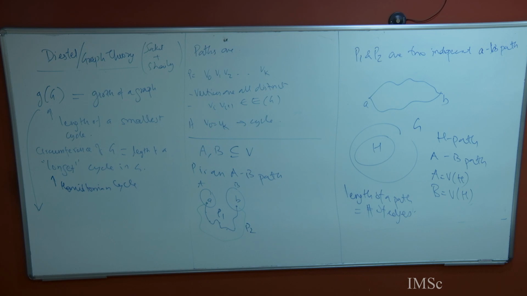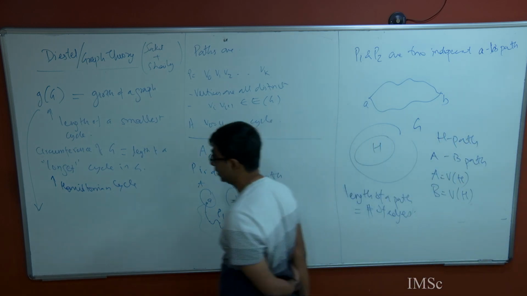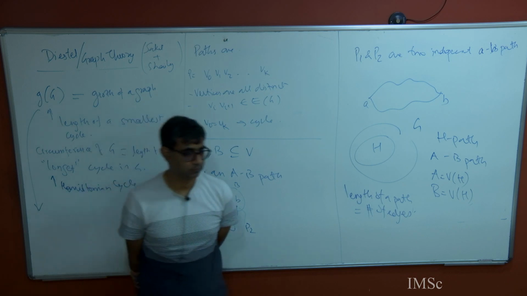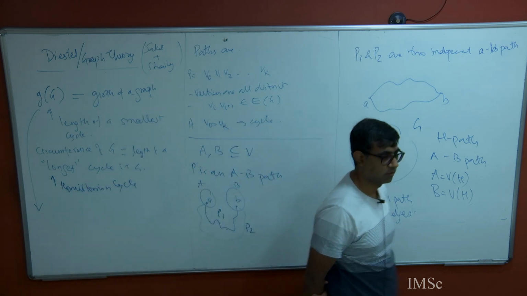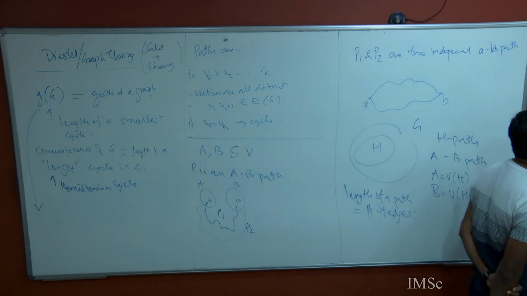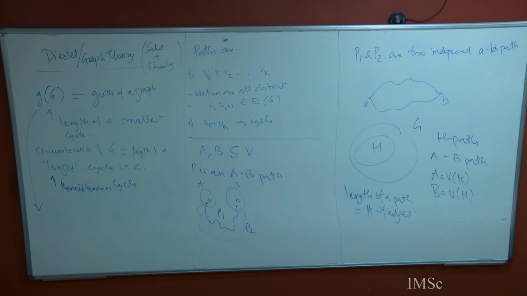Then do what? Okay, I compute APSP, all pairs shortest path, and then do what? Shortest path. This should give you.